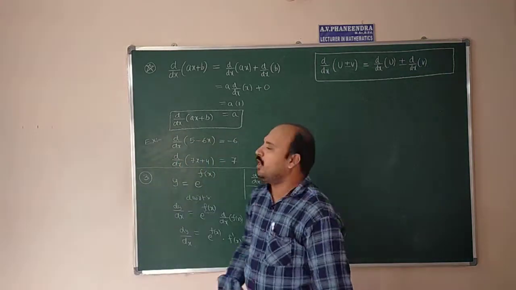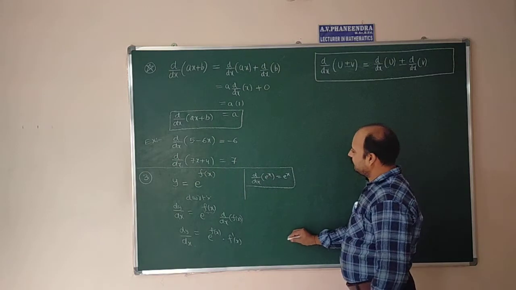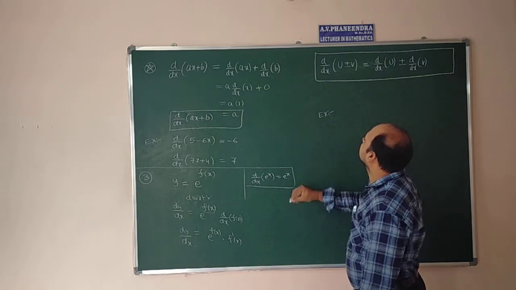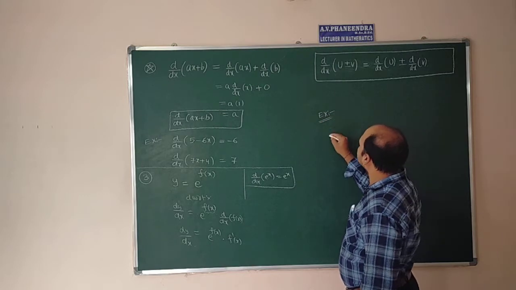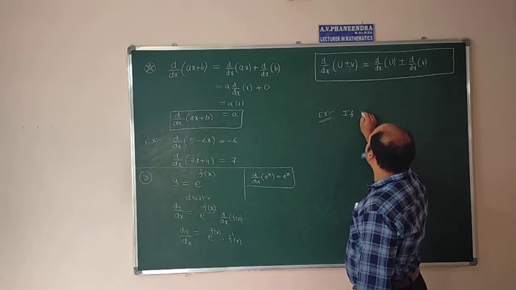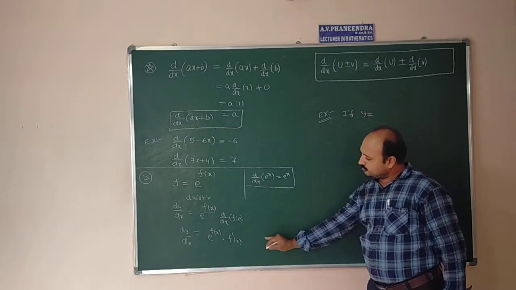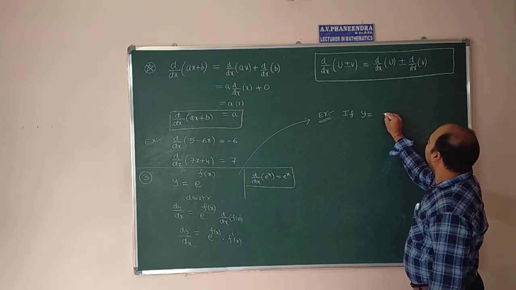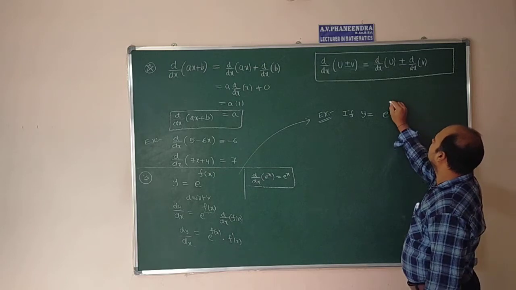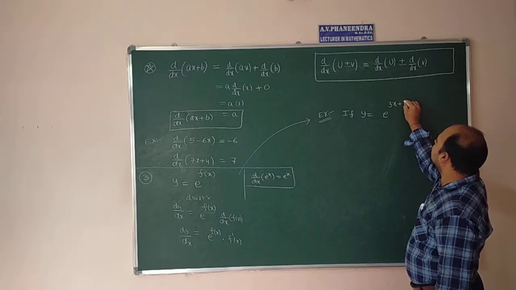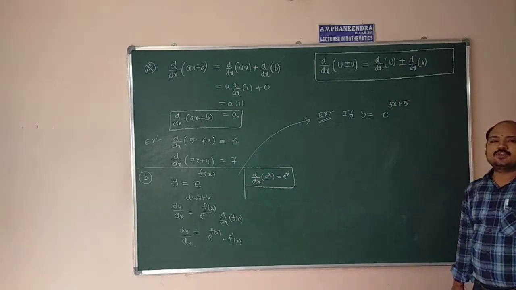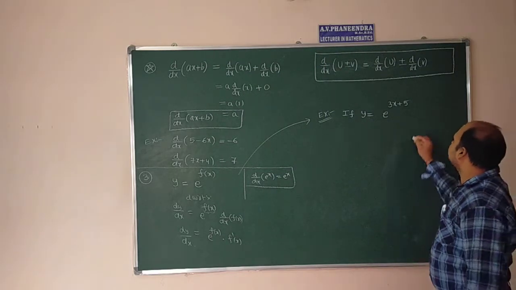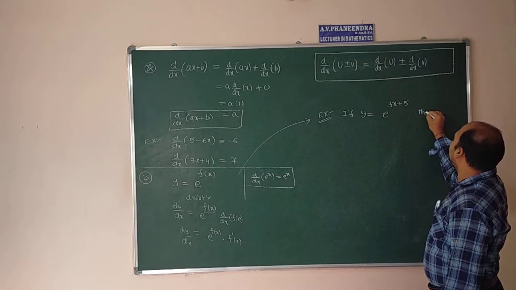I will give an example. If y is equal to e power 3x plus 5, find dy by dx.